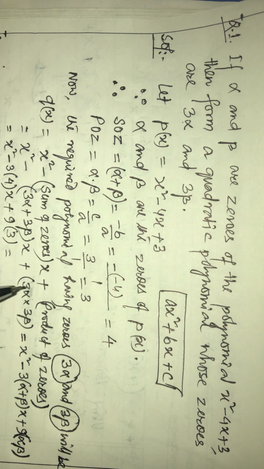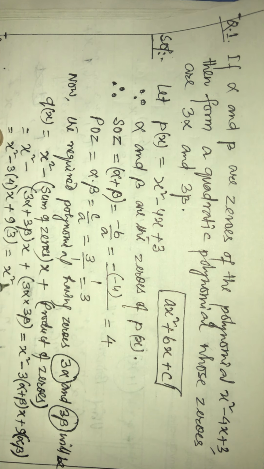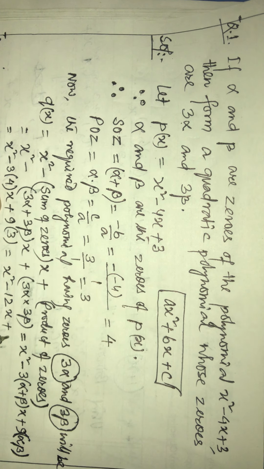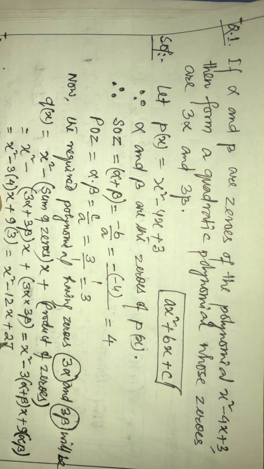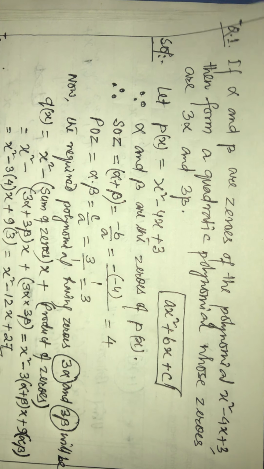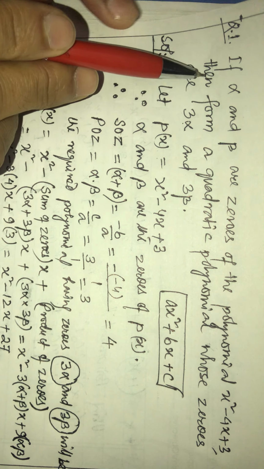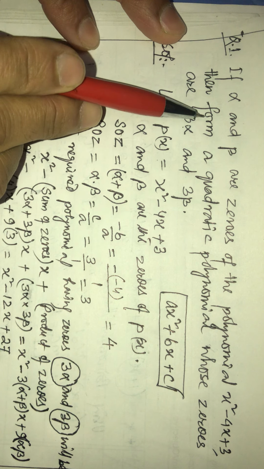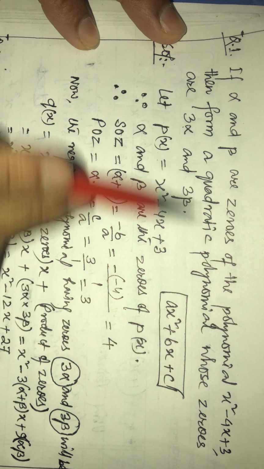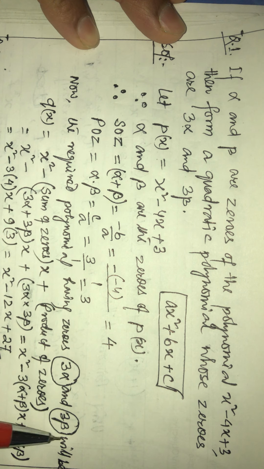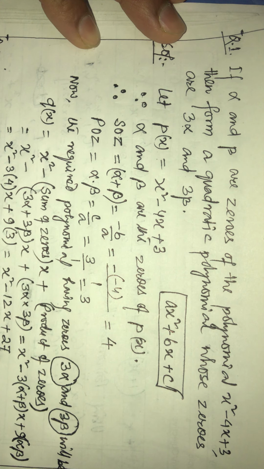On further simplification we get x square minus 12x plus 27. So this is our required quadratic polynomial which they want us to find. Using the zeros 3 alpha and 3 beta, we found the new quadratic polynomial.